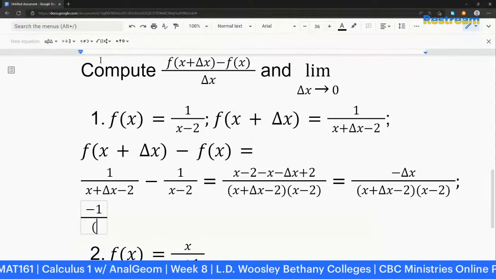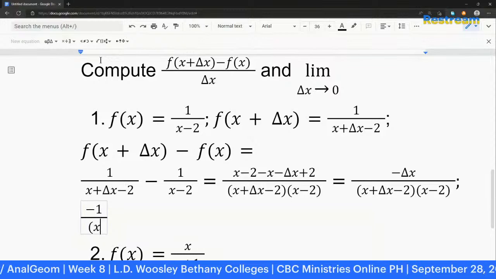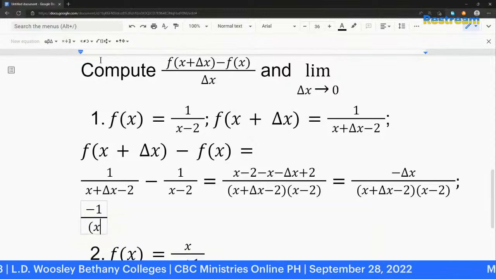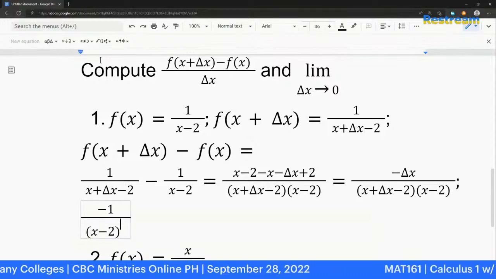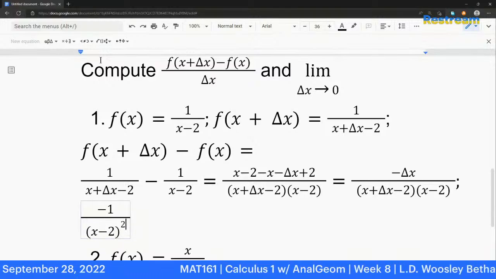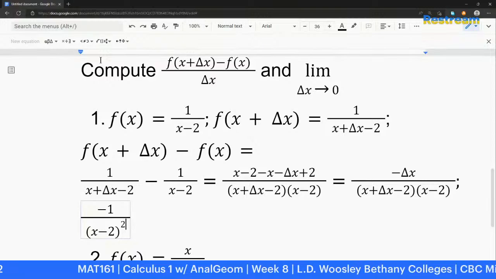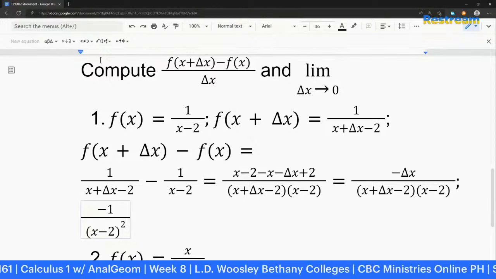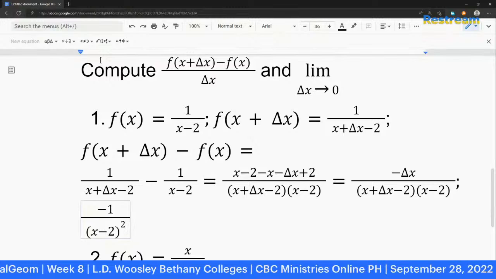So magiging 0 yung delta x, di ba? So magiging x minus 2 squared. Okay, that's the answer. Diretso ba yun? That's the final answer as delta x approaches 0.